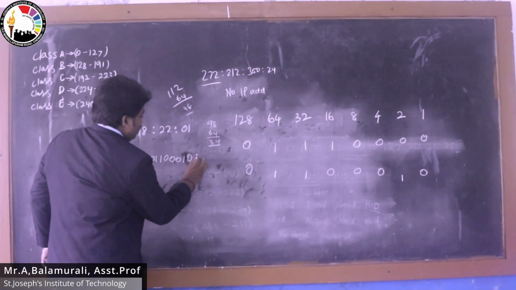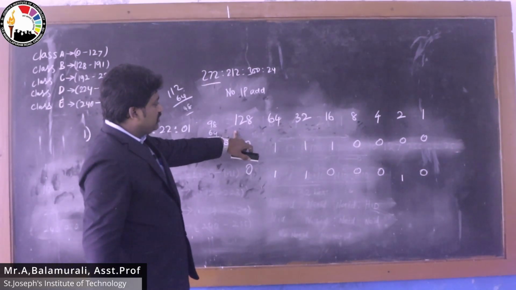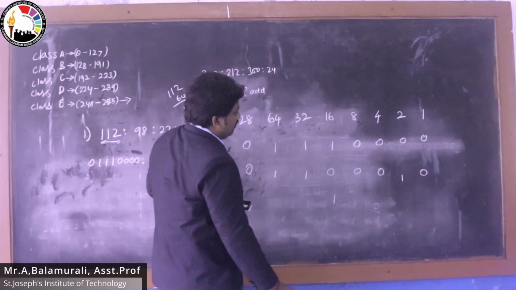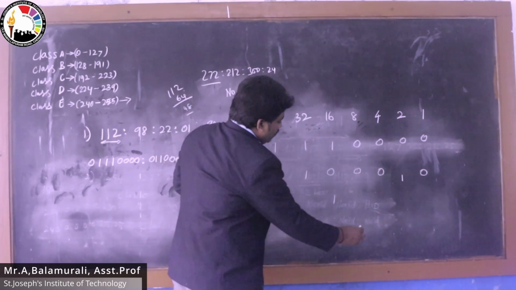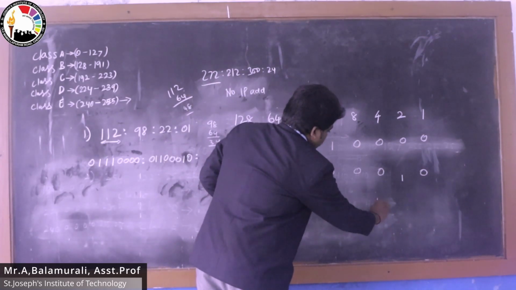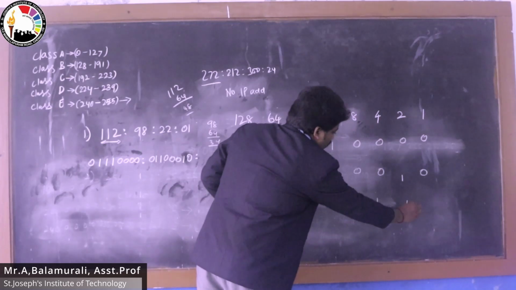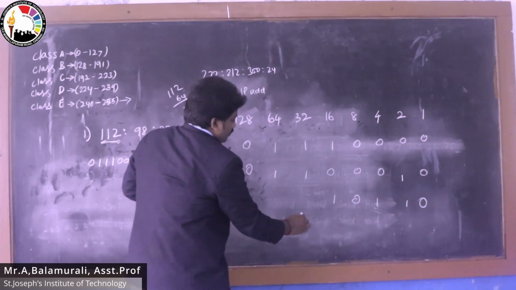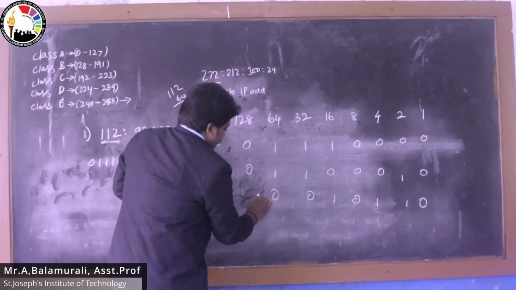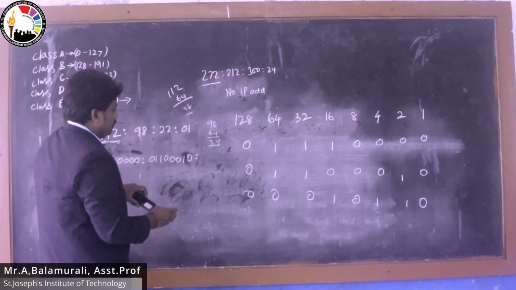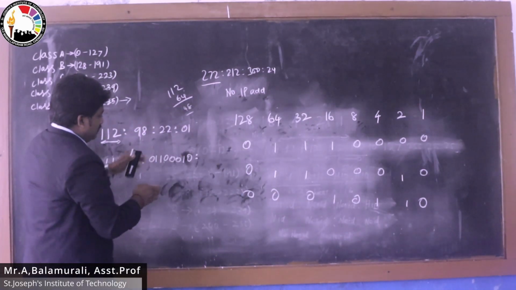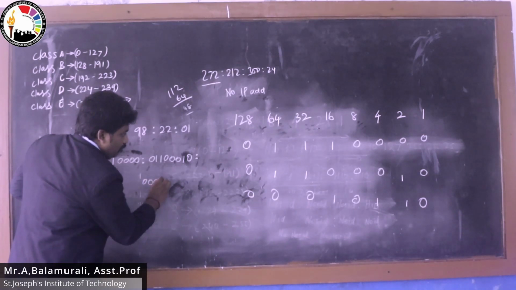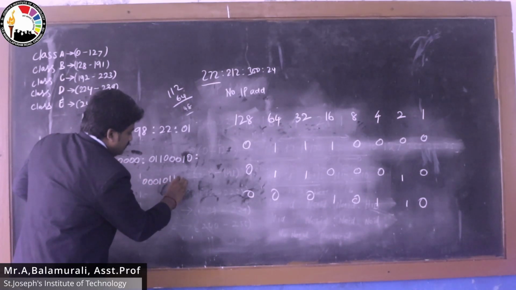What about the next one, 22? Which one is the nearest to 22? 16. In that place you mark 1. What about the remaining? 4 and one more 2. So remaining all the bits you mark 0. So the binary value of 22 is 0, 0, 0, 1, 0, 1, 1, 0.